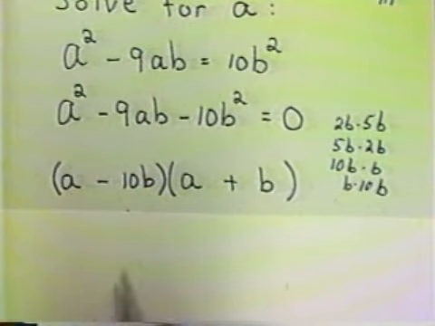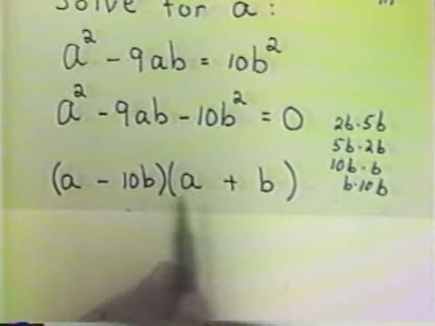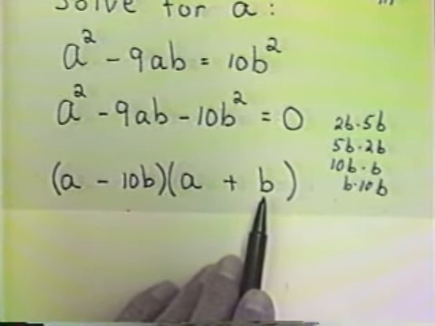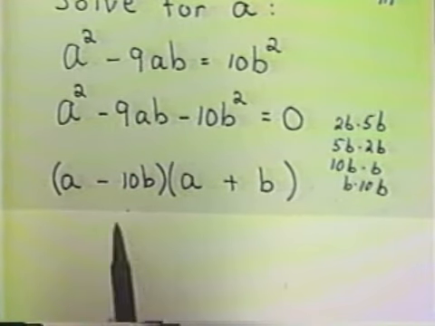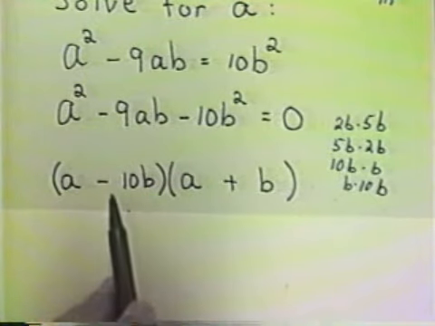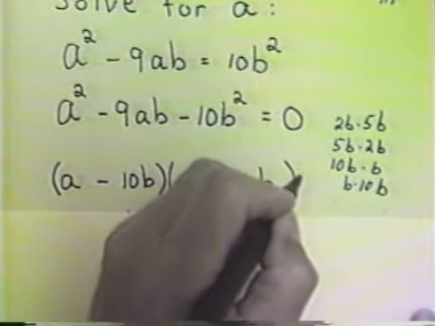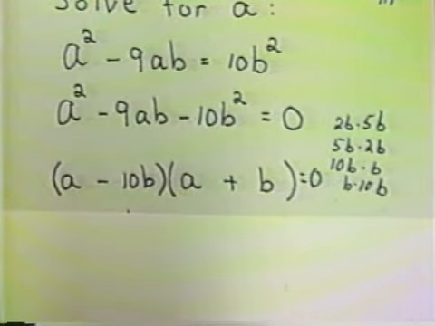So those were the choices. 10b and b happen to be the choices that gave the correct factorization. So I can completely factor the left member as a minus 10b times a plus b. And of course that would be equal to 0.